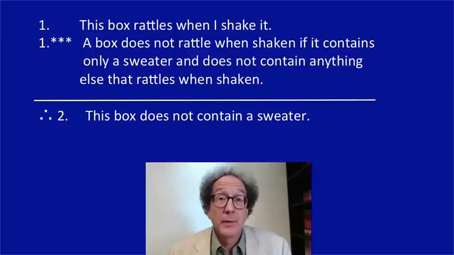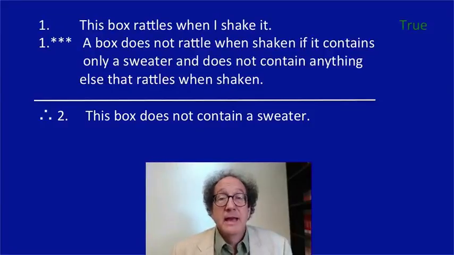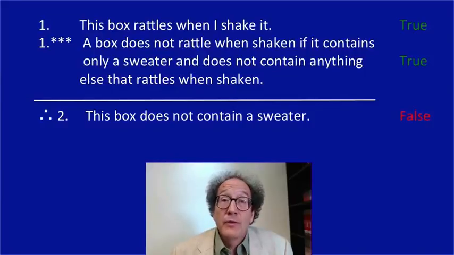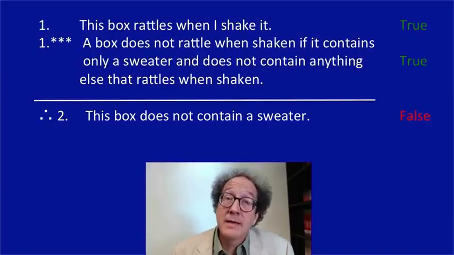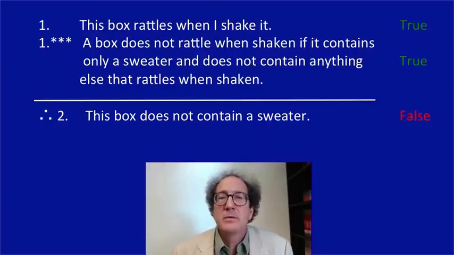It's possible that the first premise is true, this box rattles when I shake it, and the second premise is true, a box doesn't rattle when shaken if it contains only a sweater and nothing else that makes a rattling sound. But it's false that this box doesn't contain a sweater, because it still does contain a sweater, and it contains a sweater in addition to those pesky little rocks that make all that rattling noise.